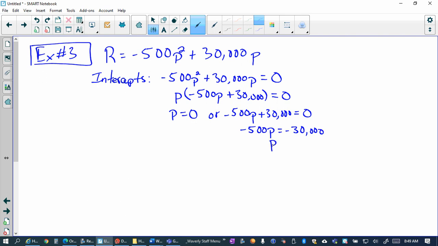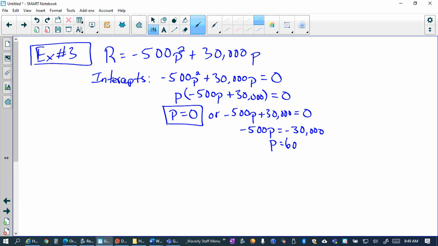So what is p? 60, right? Divided both by negative 500. So there's an intercept, right?